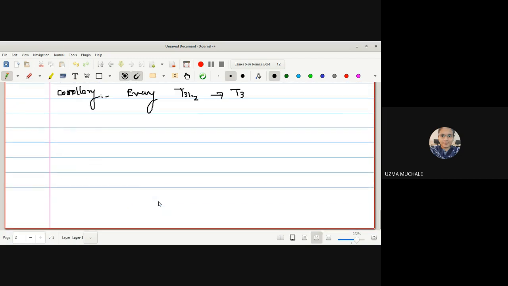Now let us go back. What we have seen: every T1 is a T0, then every T2 is a T1, after that every T3 is a T2. Now every T3 half is a T3. Just now we have seen this one.